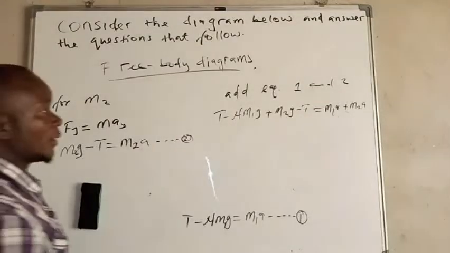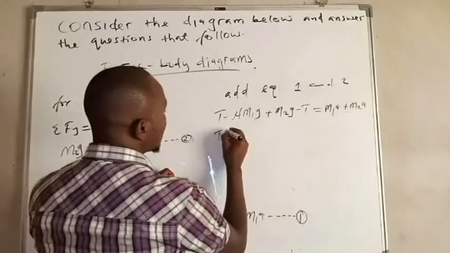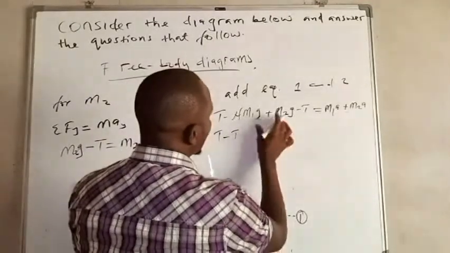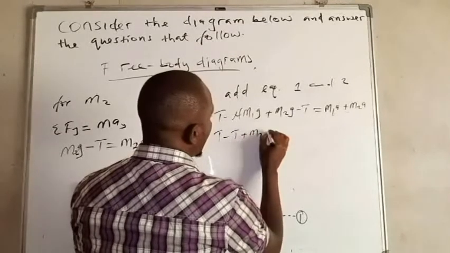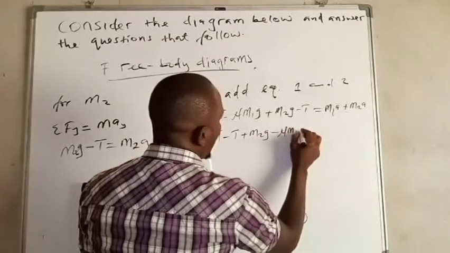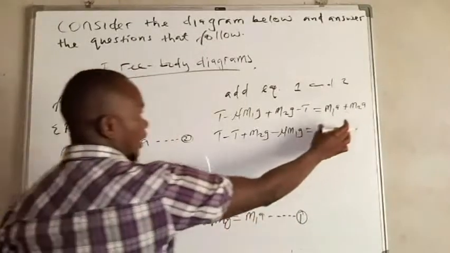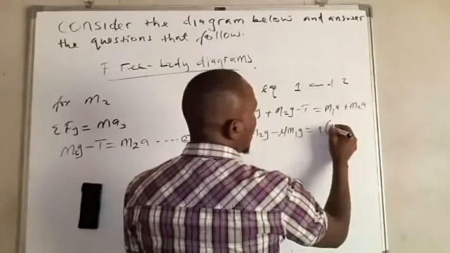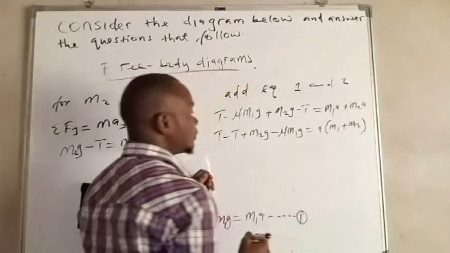So from here, we're going to collect the like terms. We're going to have t minus t, then plus m2 g minus mu m1 g. This must give us, since a is common, we can factor it out, a times m1 plus m2.